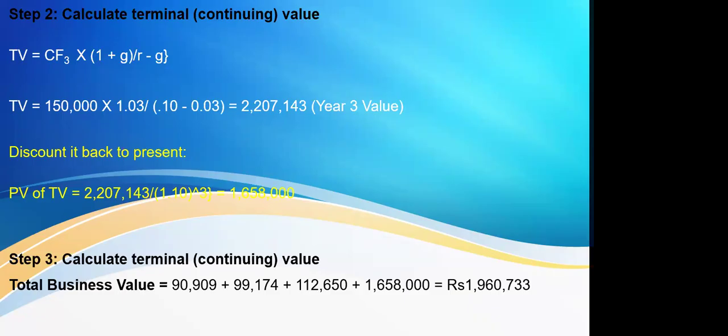The formula is given: you multiply 1 plus G divided by R minus G. So in that formula, you substitute R for 10% and G for 3%. Yes, the substitution is understood, but I was thinking about the meaning of this formula. What is this formula? Yeah, this is the formula used to calculate the terminal value of cash flows.